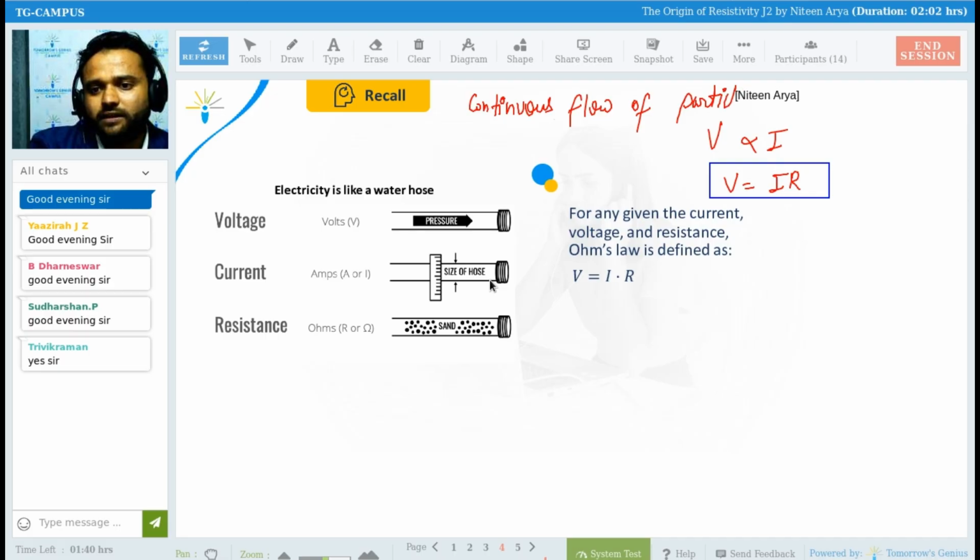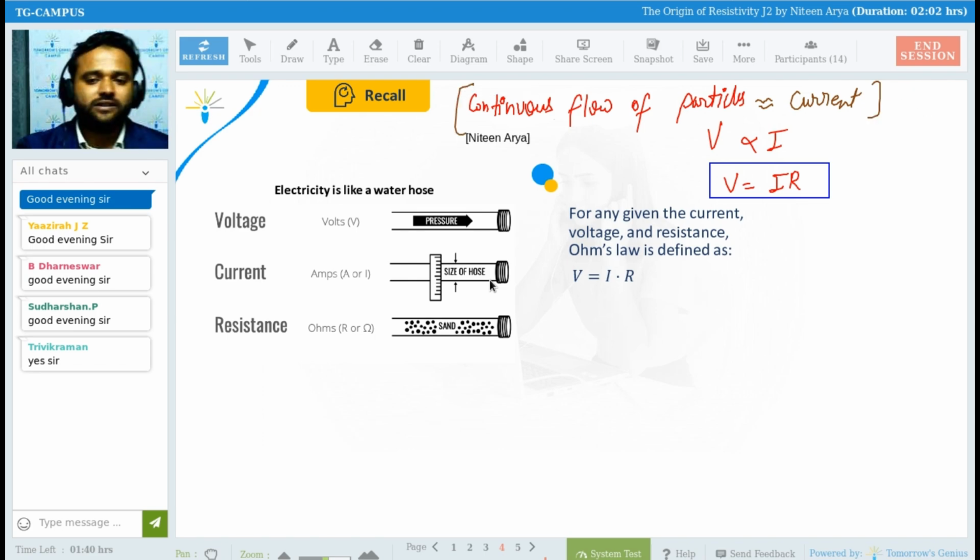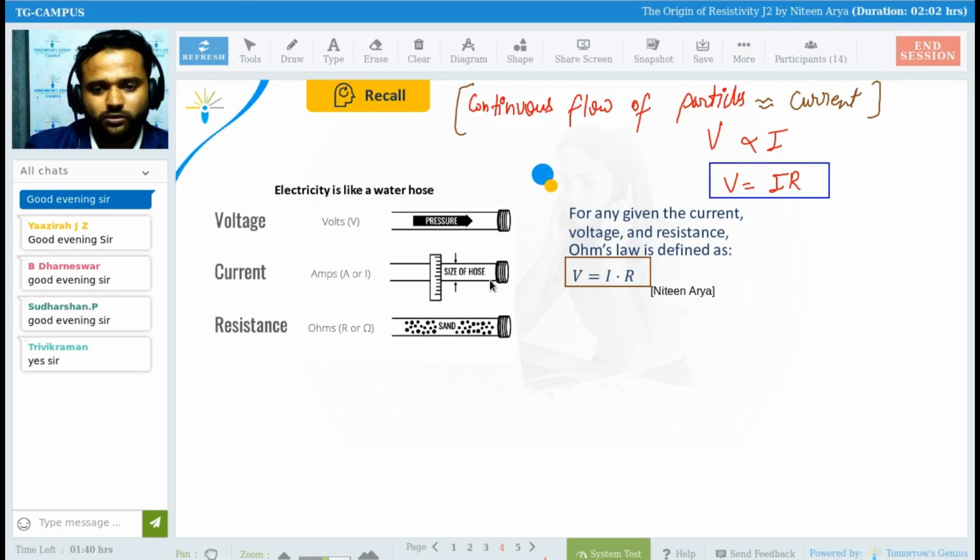It can be air particles, water particles, or charged particles. So that is in general current. And for the given current, voltage and resistance, Ohm's law is defined in this way. That is very easy, not to worry about.